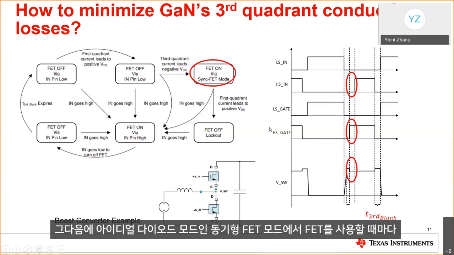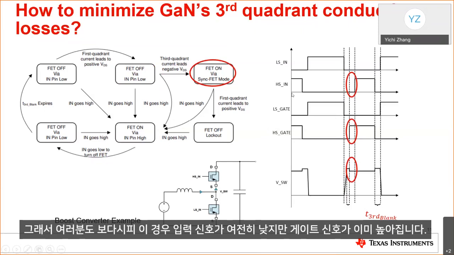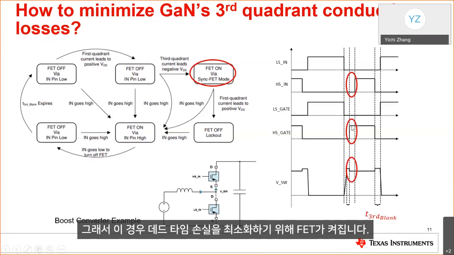And then next one is whenever you are using our FET in synchronous FET mode, which is ideal diode mode, then after a 35 nanosecond detection time, our FET will be turning on even before the input signal is received. As you can see, the input signal is still low in this case, but the gate signal is already going high, which means the FET is turned on to minimize your dead time loss.